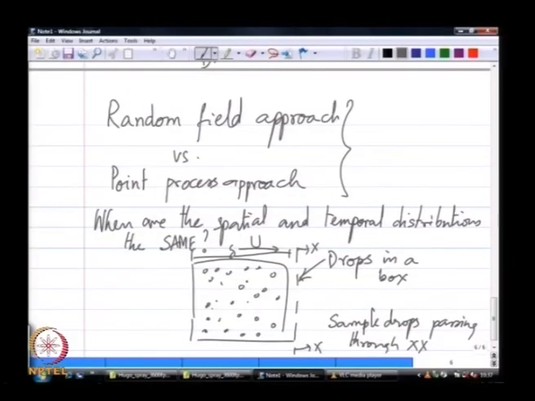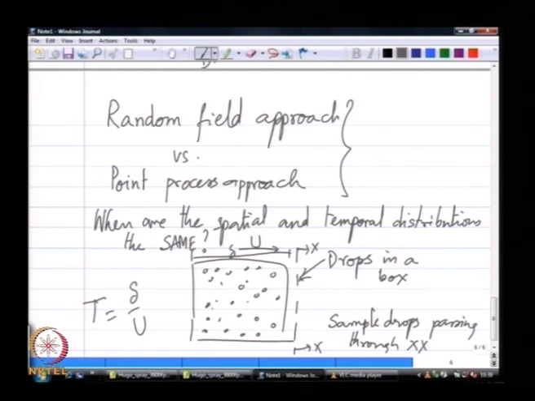And if all the drops were moving with exactly the same velocity, okay, then essentially if the width of this box was some delta, delta divided by u is the time taken for all the drops to pass through my cross section.